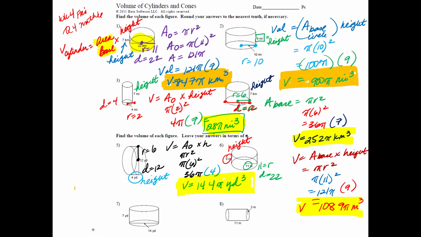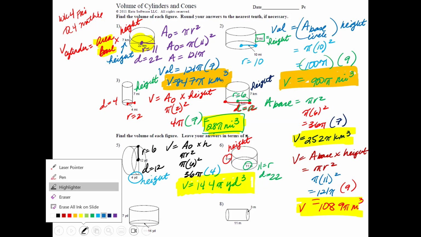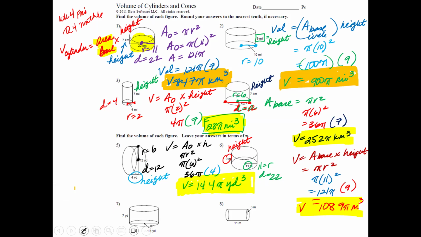All right, what does the 14 represent? 14 is the biggest. You sure about that? Because it says it's from here to here. Diameter. If the diameter is 14, what's the radius? 28. Okay, the radius is half of the diameter.